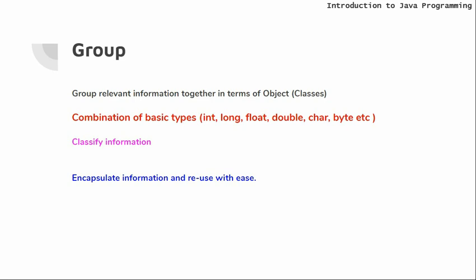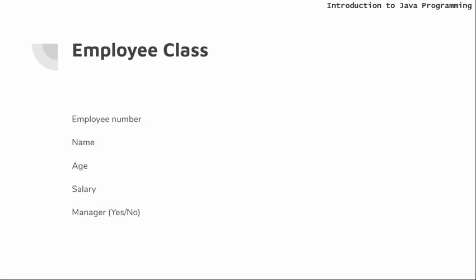So we classify this information. One class could be human classification, animal classification, or birds classification, or any type of classification. Class, grouping, or types are basically the same thing. So let's create an employee class.